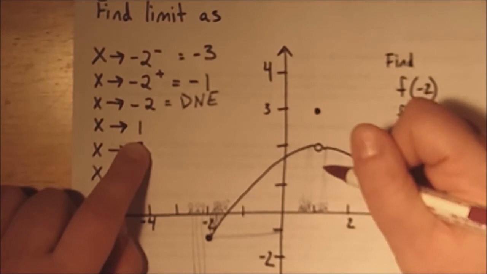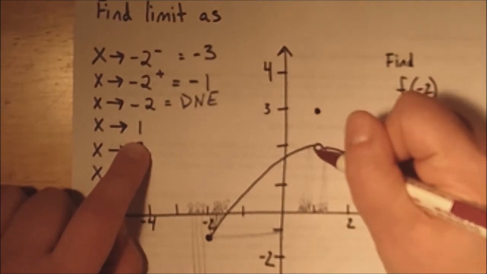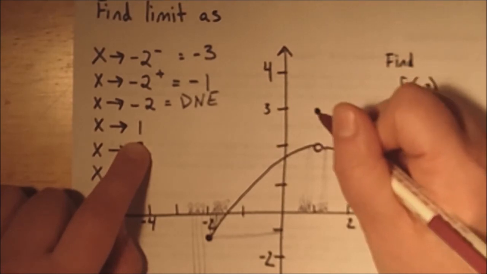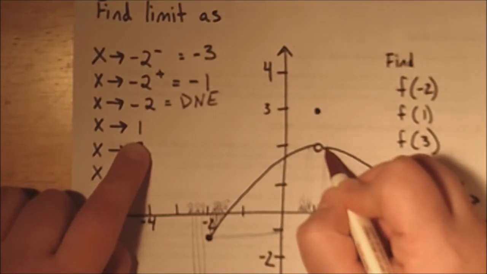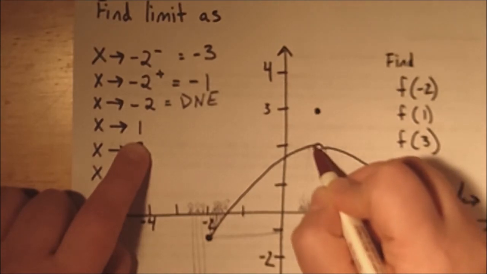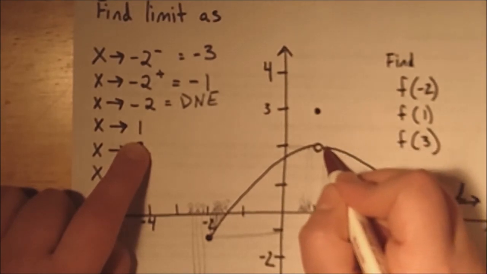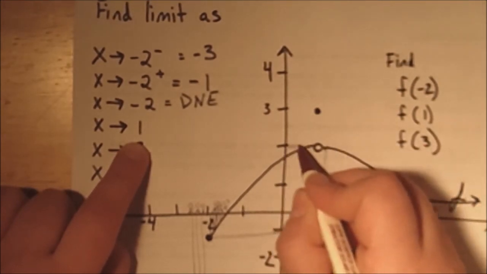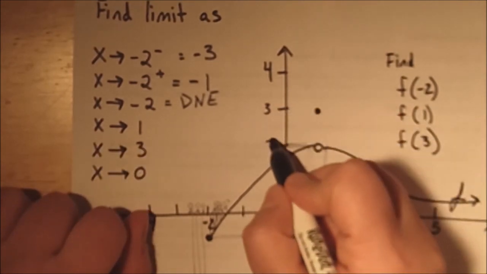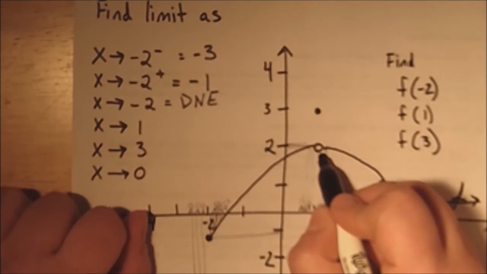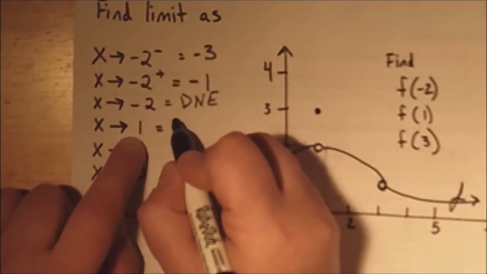So I don't realize that if I did step on 1, I've got this crazy thing where I have this open circle and the functional value defined elsewhere. So instead, if I stand very, very close to 1 and look at functional values, the values that I see are very, very close to 2. So it doesn't matter that I have an open circle here. My limit as x approaches 1 is 2.